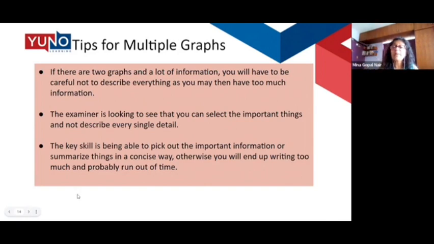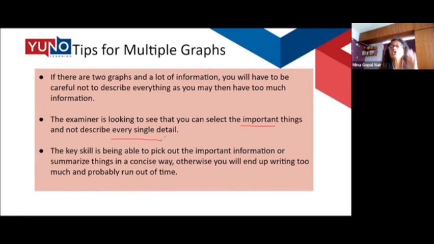The examiner is looking to see that you can select the important things and not describe every single detail. So you should be able to pick up important points and include those in the report, and that too in a concise manner. Brevity is important. If you're able to keep your language crisp, it'll be better.